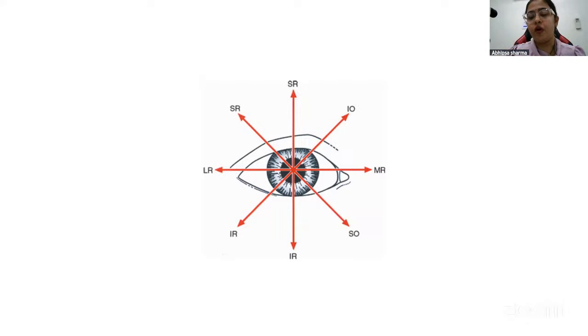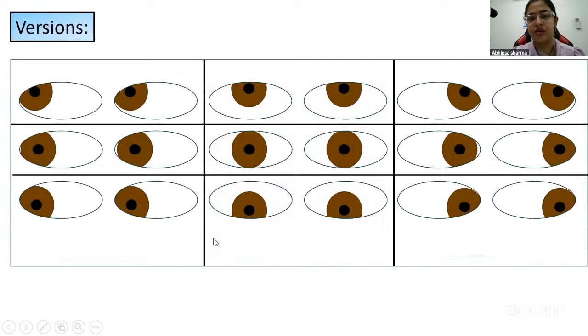So in case of obliques, in cases of adduction, the two axes will coincide and inferior oblique will cause maximum elevation and superior oblique maximum depression. Superior rectus in the primary gaze and also in abduction will cause maximum elevation, and again inferior rectus will cause maximum depression in primary gaze and abduction.